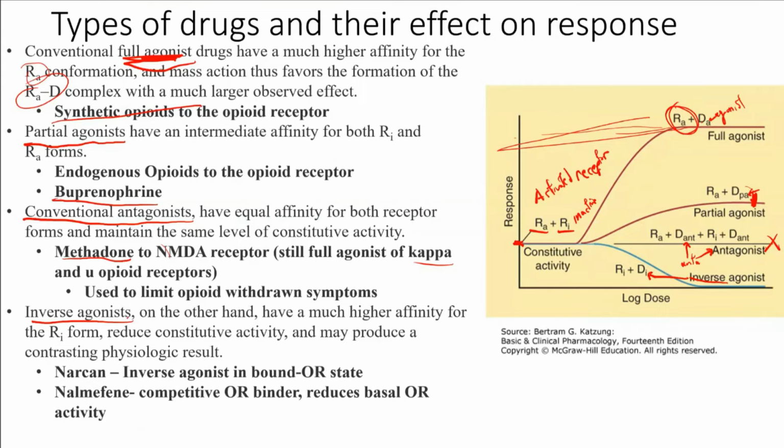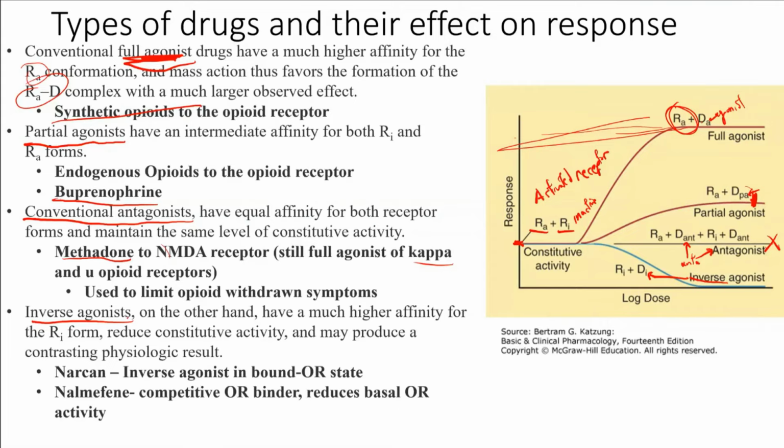Another example would be a hypertension medication. If you have hypertension, and you take a beta blocker, for example, or an ACE inhibitor, your blood pressure is going to decrease. So it'll do the opposite.